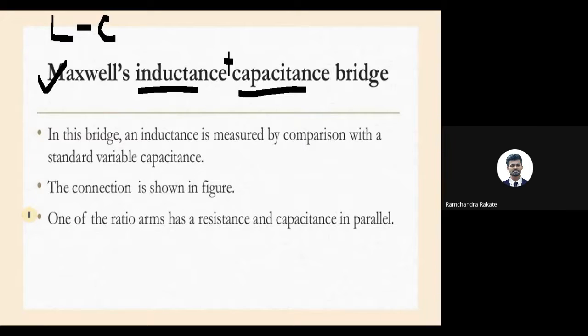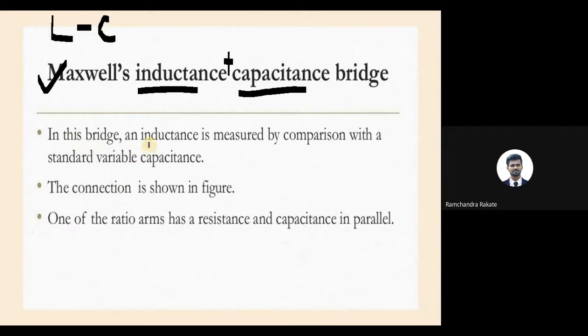So this is another method, the Maxwell inductance capacitance bridge, used to measure unknown inductance value by comparing it with a variable standard capacitor. Again your source will be an AC voltage source, and for our deflection we are again using a null detector, which is connected at the junction.